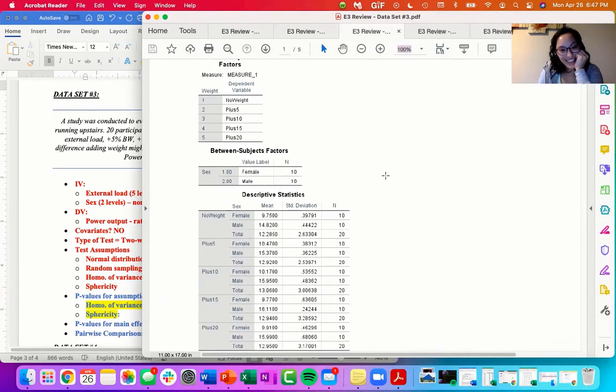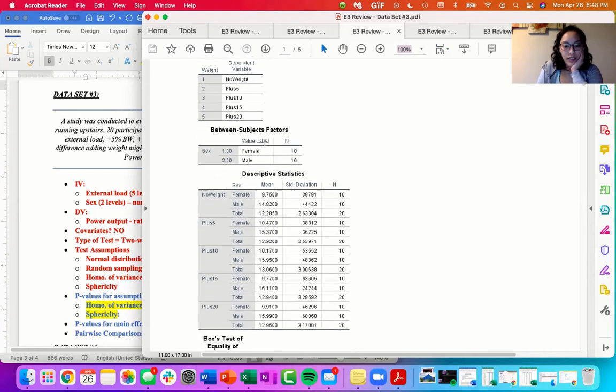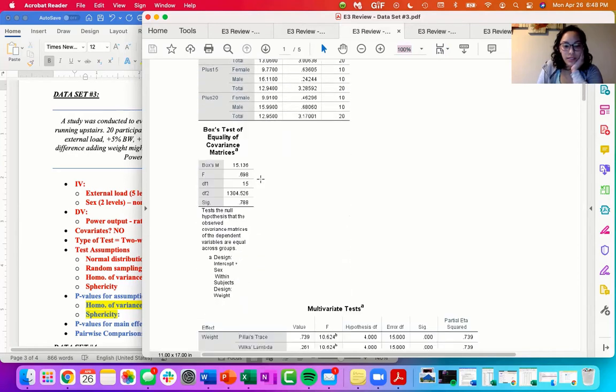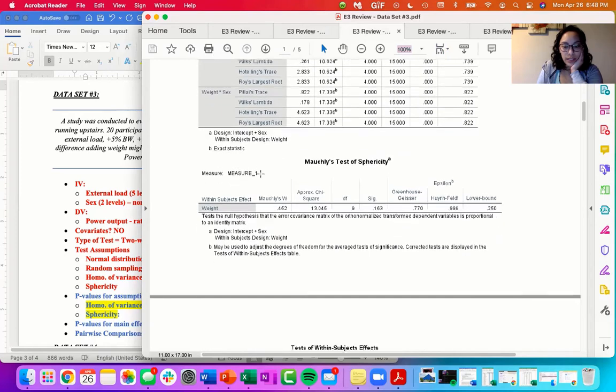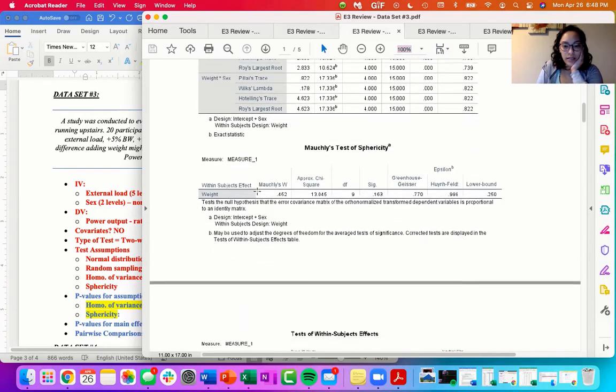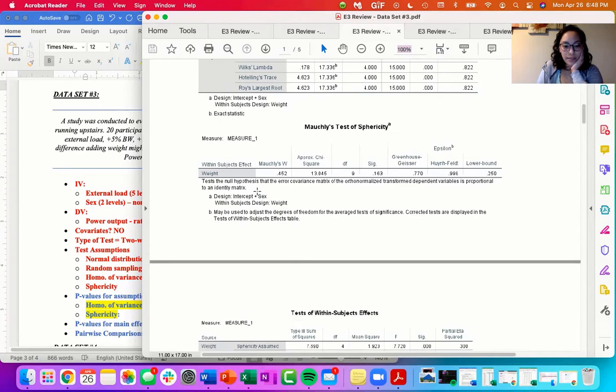So, okay. Let's find these in here. So we've got our different weighted conditions, our different sexes, all of our descriptive statistics. We can skip over the box test and the multivariate test because we don't need them.